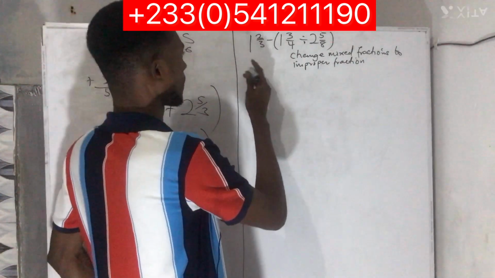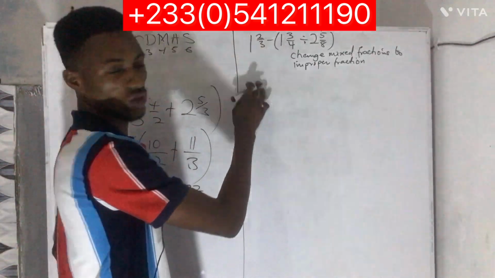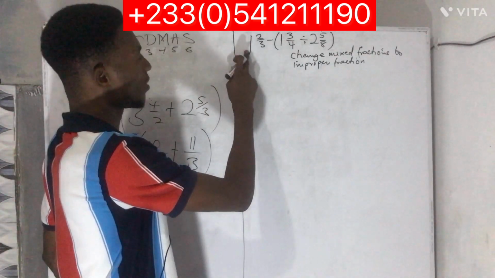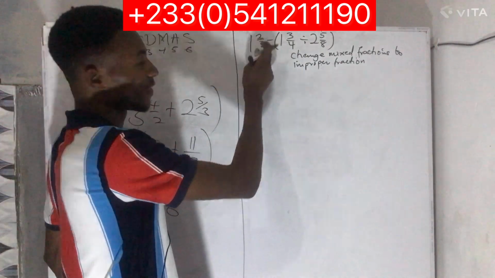So how do we change mixed fraction to improper fraction? We multiply the whole number, 1 over here, by the denominator and add the numerator to the answer.